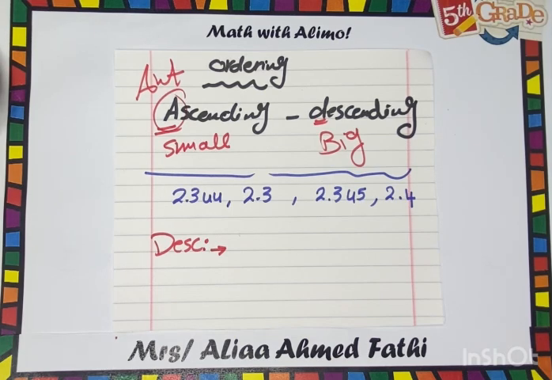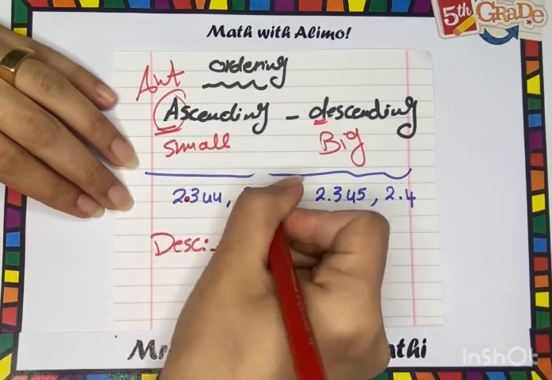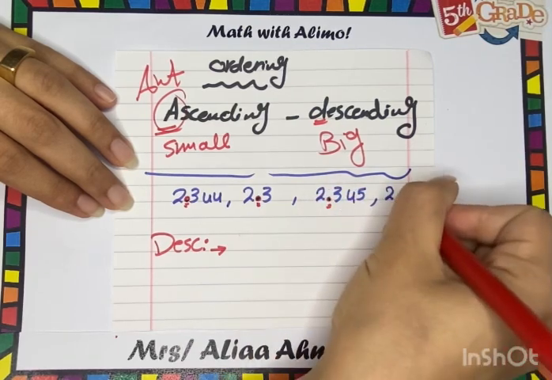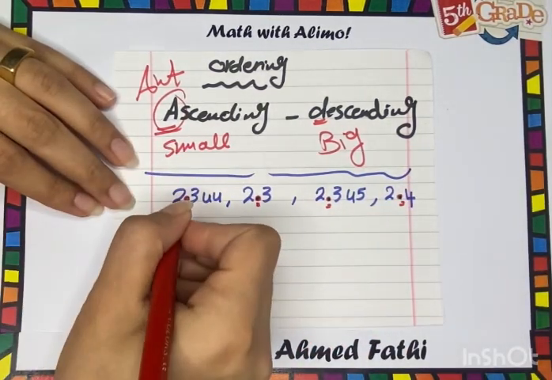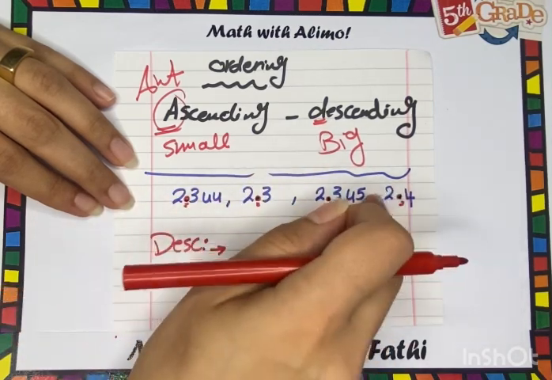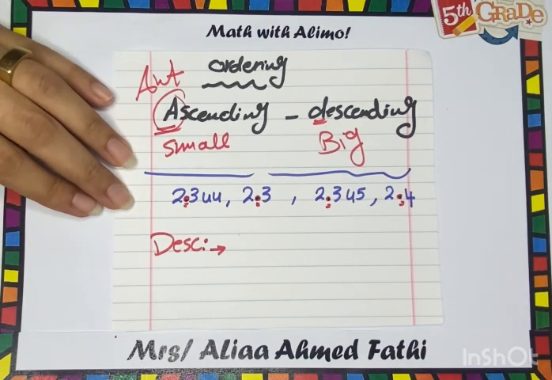At first, we're gonna make balance or check the whole part, right? Let's check. This is our decimal point. We're gonna mark it or underline it to make it clear. Then look to the whole part in all. Here we have 2 and 2, 2, 2. So all the whole part equal in all, balanced, okay?